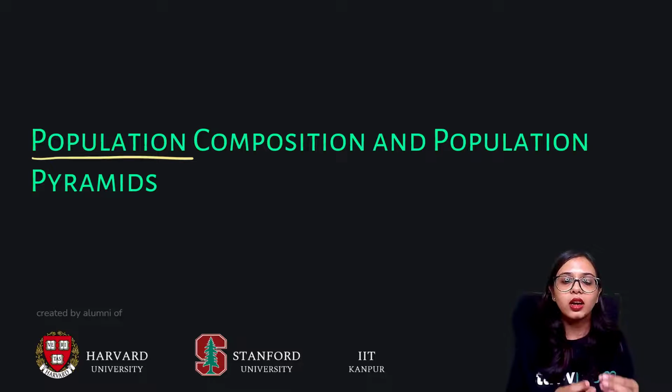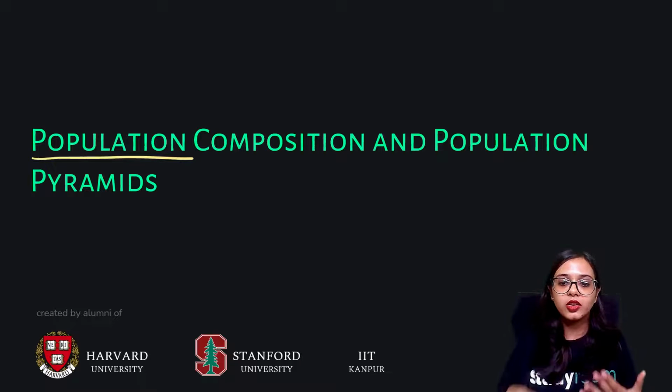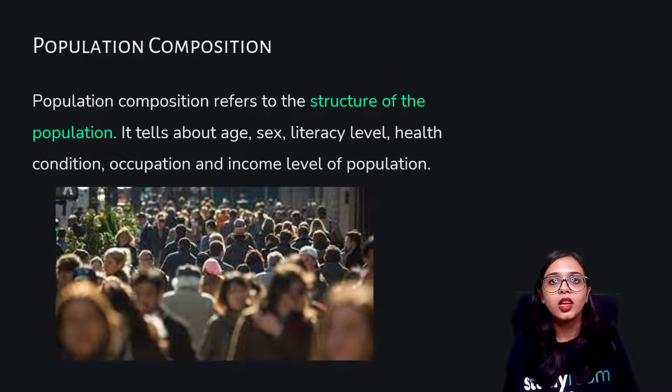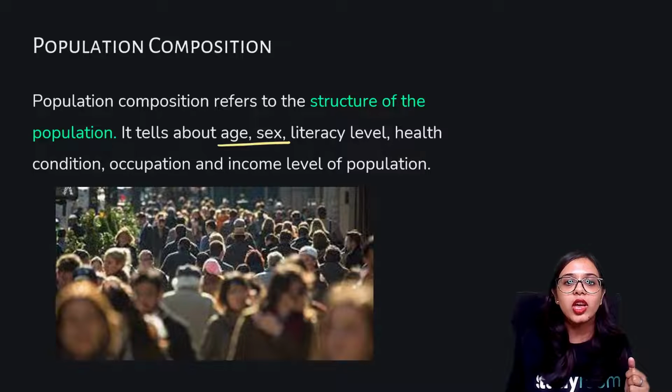This graphical representation via pyramids can aid in understanding how population is changing according to two very important categories, that is age and sex.